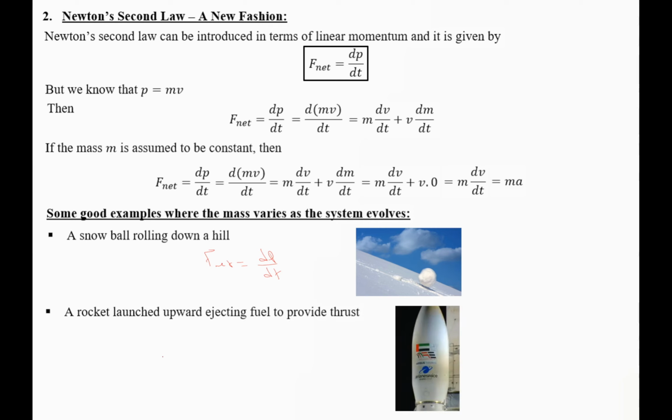Another good example is a rocket launched upward ejecting fuel to provide thrust. Then the mass of the rocket decreases, which means it's changing. Then in this case we need to use F net given by dp by dt, and we cannot use F net given by ma.